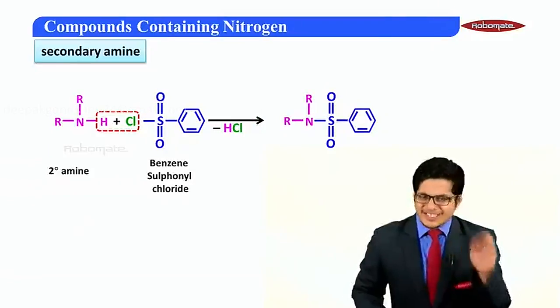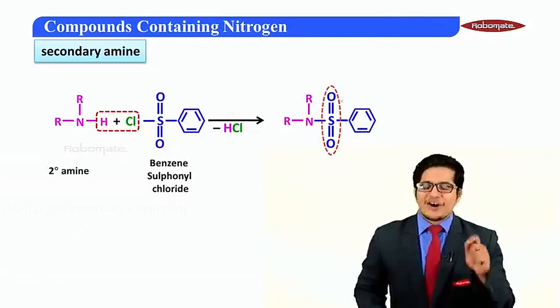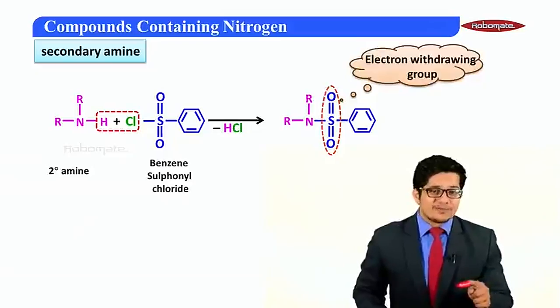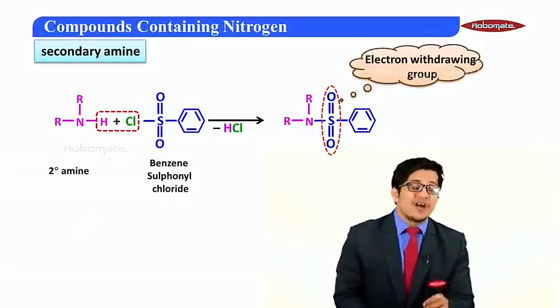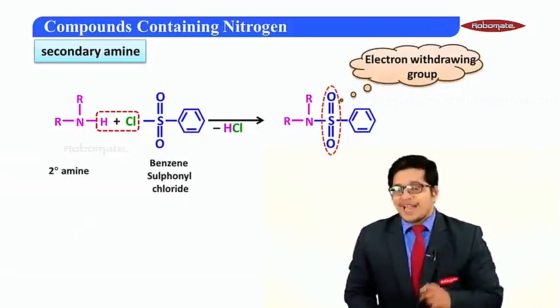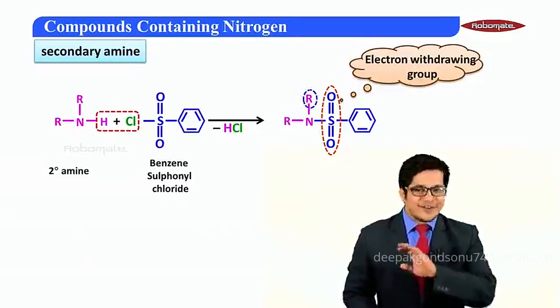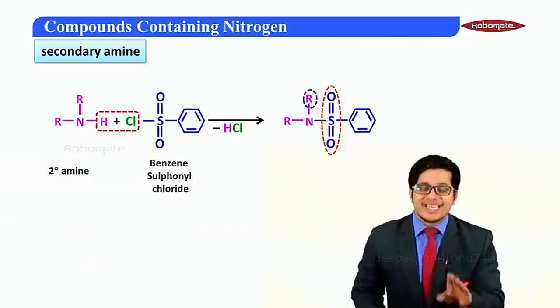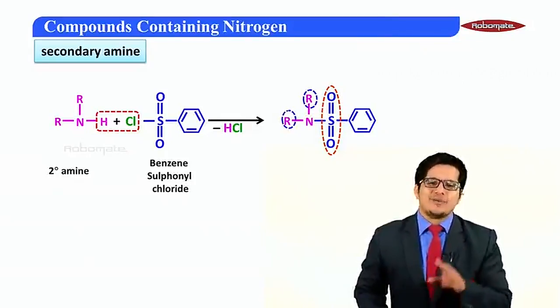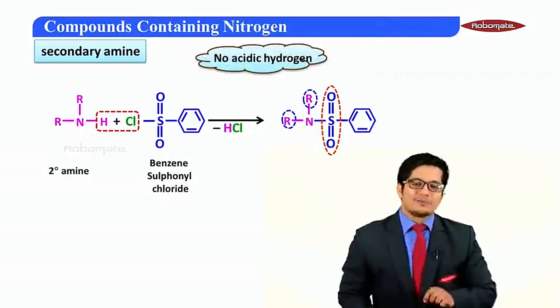Now, does this compound have an electron donating group? No, it has an electron withdrawing group. And also, does it have any acidic hydrogen? No, it does not have any acidic hydrogen. Both of them are R groups.